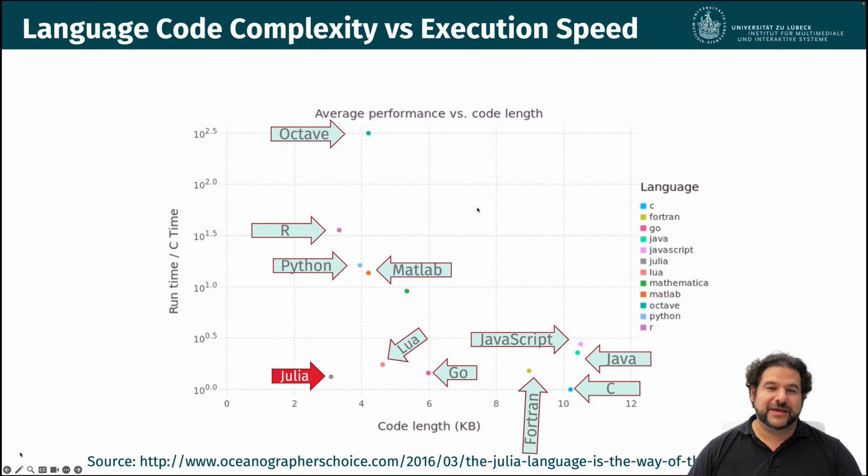And in this case, Julia is a language that is as concise as languages such as R, Octave, Python, or MATLAB. Well, it's even more concise. It even uses less space than R, Python, and Octave, but it's orders of magnitude faster than these languages. It is other languages that are on the same level of execution speed.